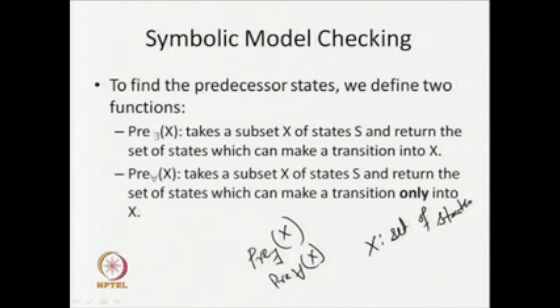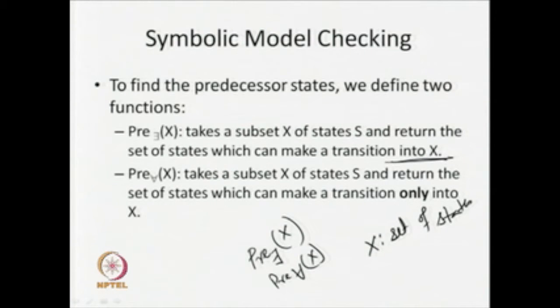So, what is Pre∃(X)? We take a subset X of the state space S and return the set of states which can make a transition into X. Okay. So, we have a subset X, and we get the set of states which can make a transition to this particular subset.